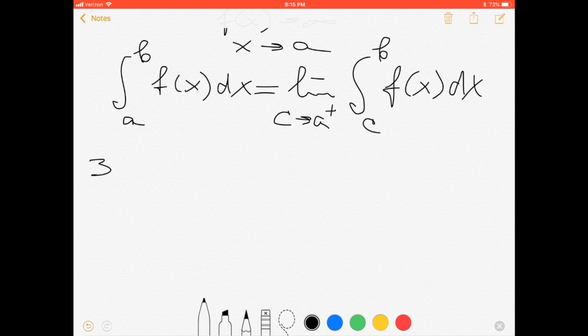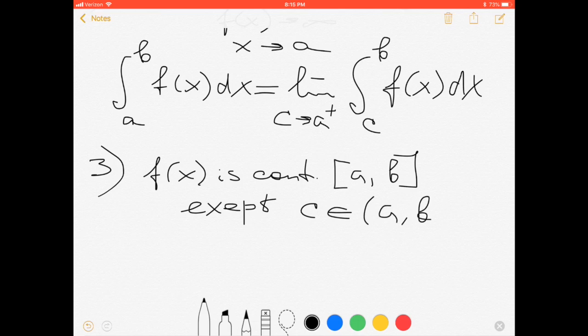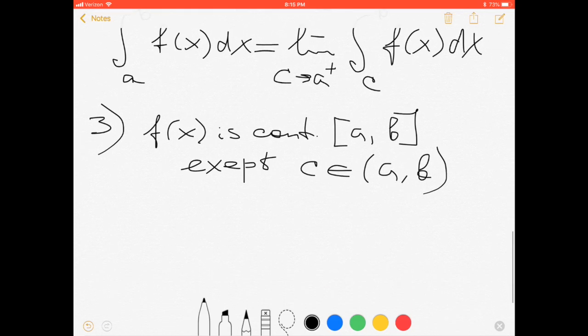And the third situation, if f(x) is continuous on the closed interval a, b except some inside point c. This means point c is not equal to a, not equal to b, it's something inside our interval.